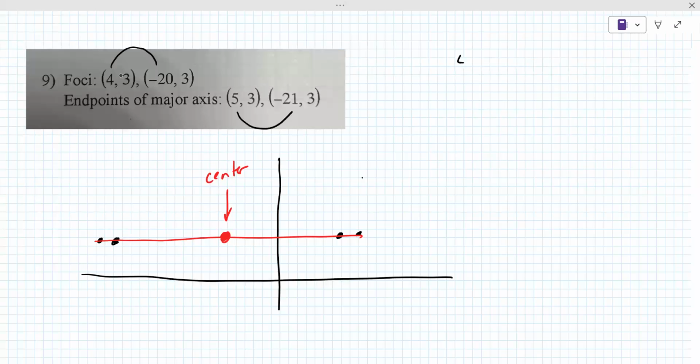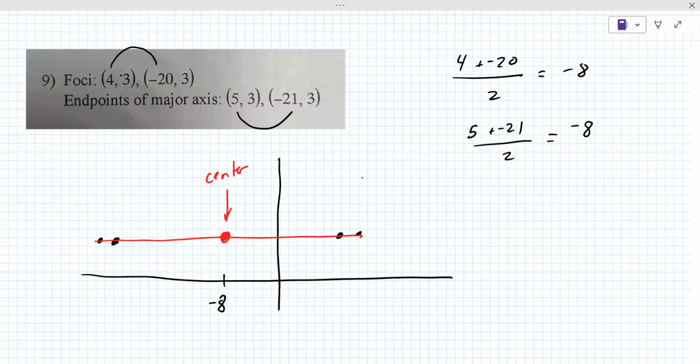The average of 4 and negative 20 is negative 8, and the average of 5 and negative 21 is also negative 8. So that gives us the x value here. Again, not to scale. And then the y value, notice the y values are the same in both cases. So that's going to be at 3. So that's your h and your k.